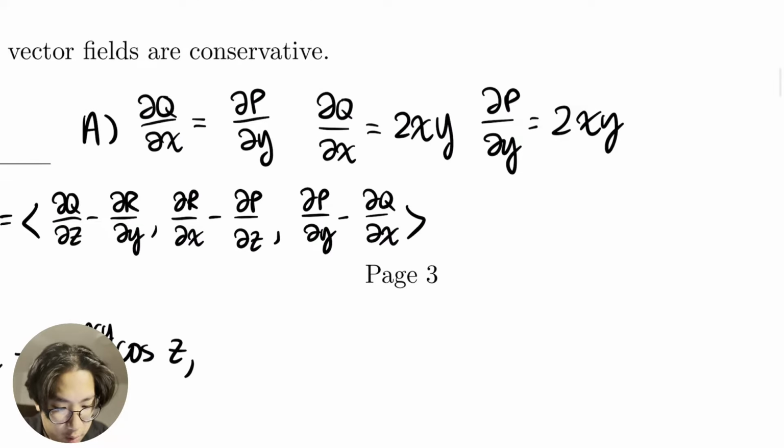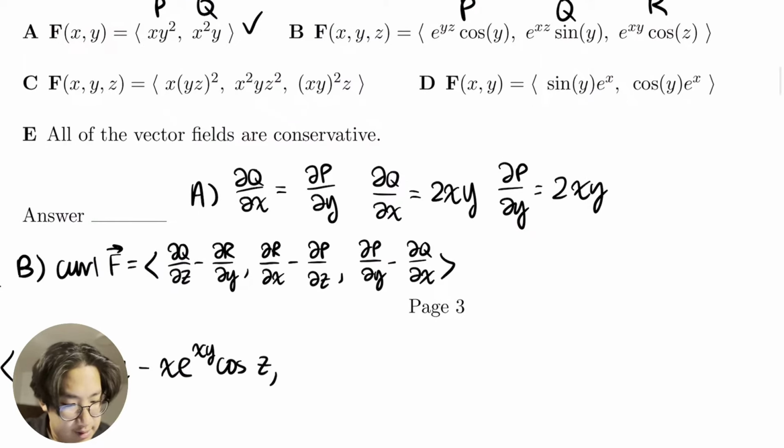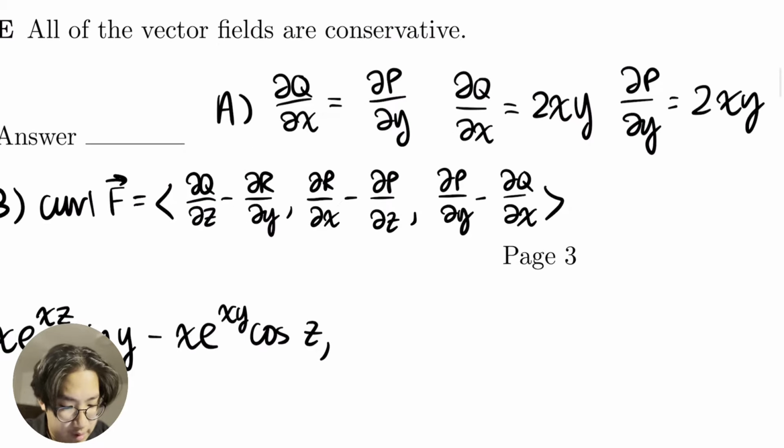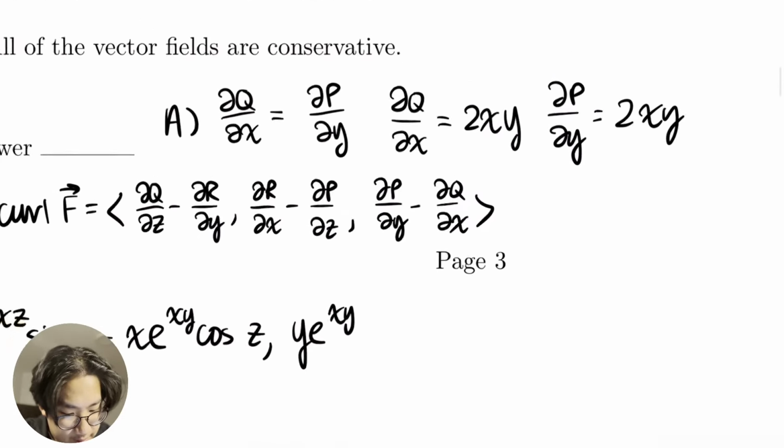Next, partial r partial x. Same idea, except x is a variable in this case. So we have e to the xy times y. So y e to the xy. And then cos z.